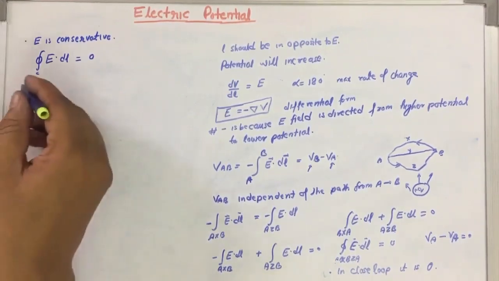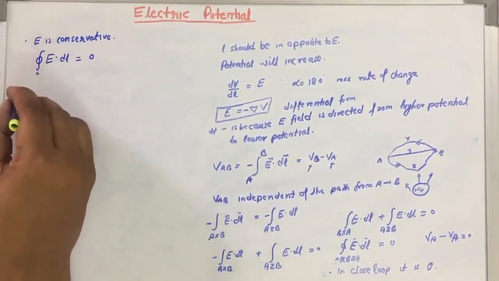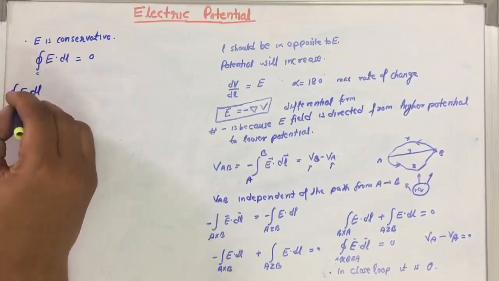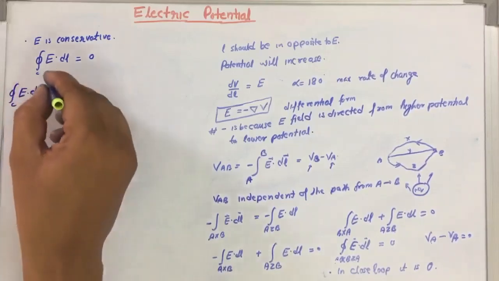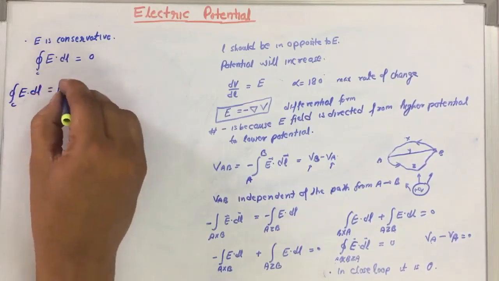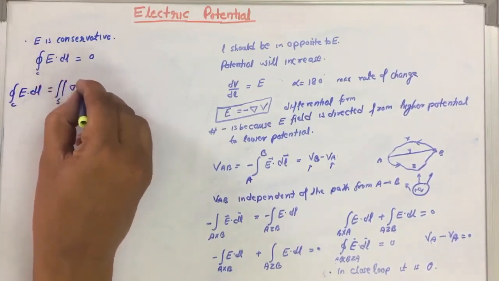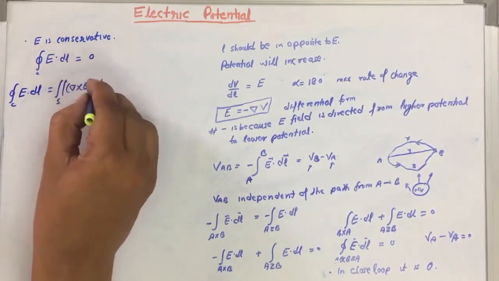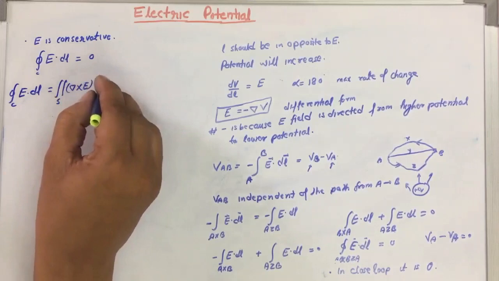Now according to Stokes theorem, we can say E dot dl in a closed loop can be equal to del cross E dot ds over a surface.